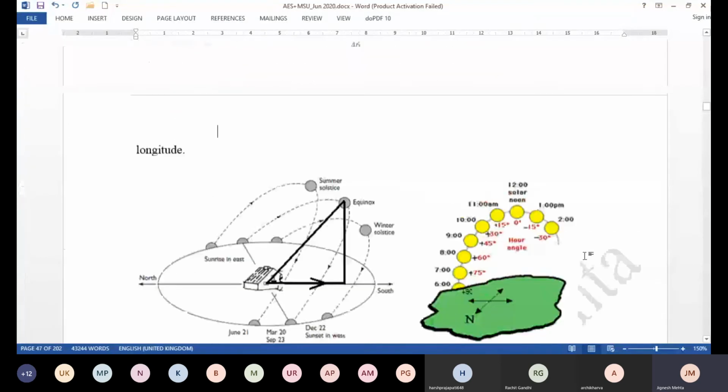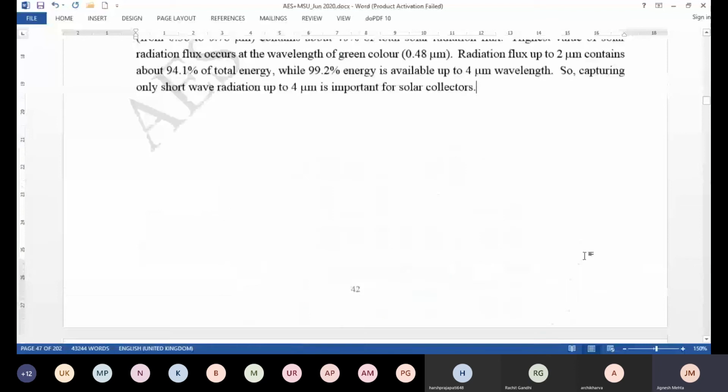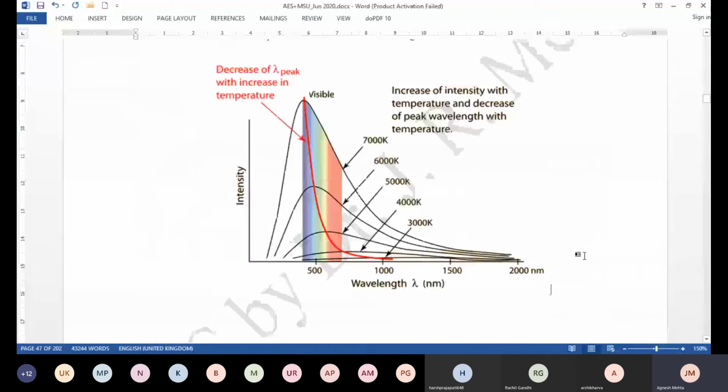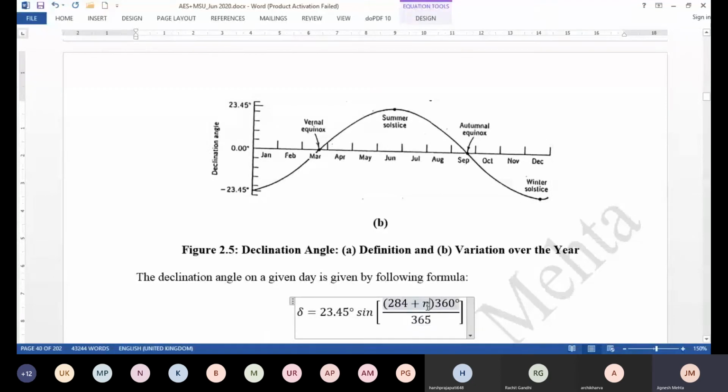Right. Keep it at that point. I hope somebody will quickly give an answer. Use this formula, and your n is 21. So tell me what is the delta that you get.